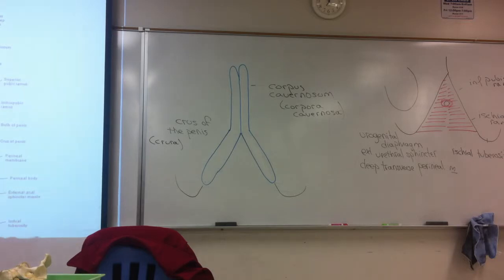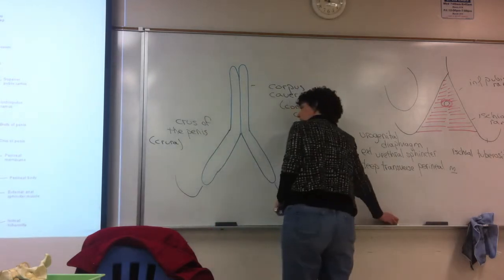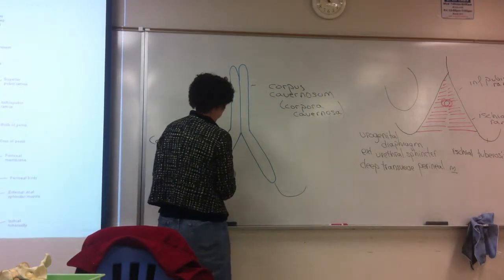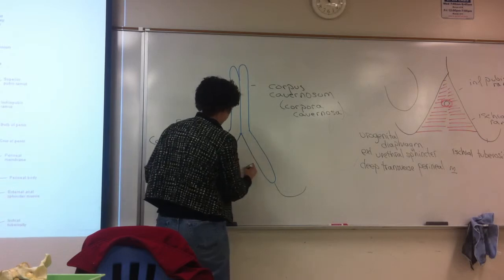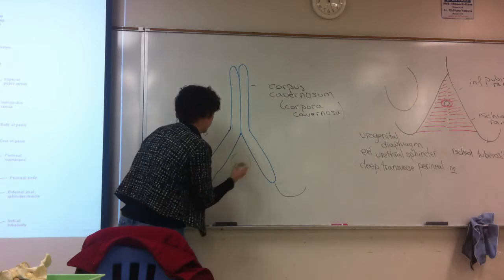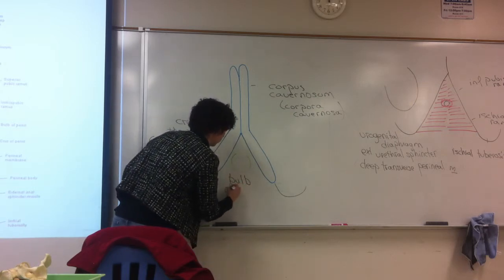Then if we add the ventral component, that's the bulb of the penis. This is where the urethra first enters the erectile tissue.